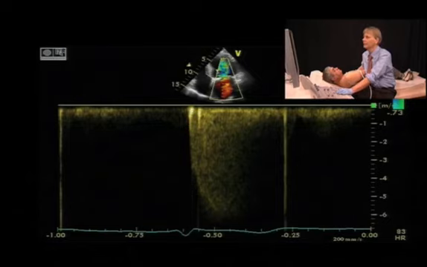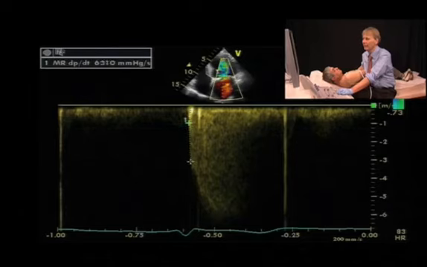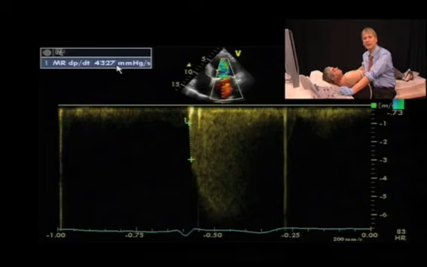And then we would measure the velocity between 1 and 3 meters. And this would then give us the dP/dt, which is very high, 4,327. So the patient has hypercontractile function. He's probably very anxious at the moment.